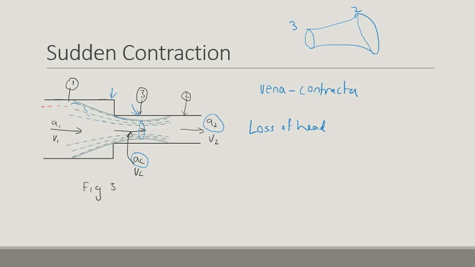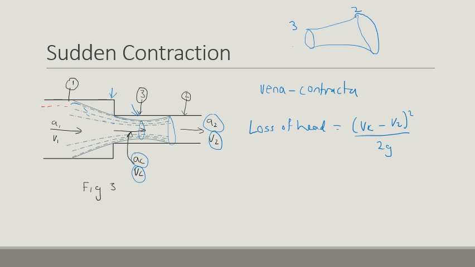The loss of head will be equal to (Vc minus V2) all square over 2g, where Vc is the velocity of the vena contracta and V2 is the velocity of the full bore of the fluid at section 2. So that is the loss of head.